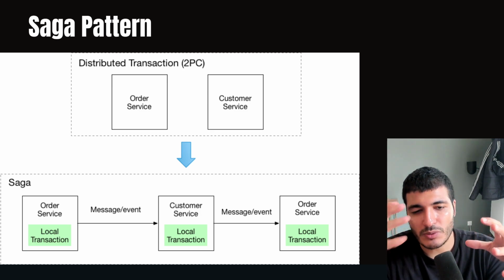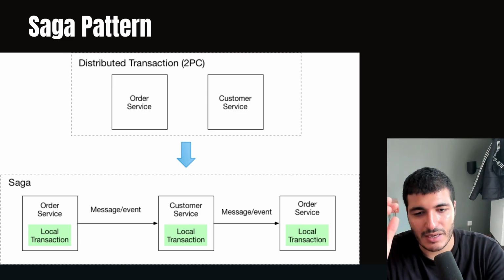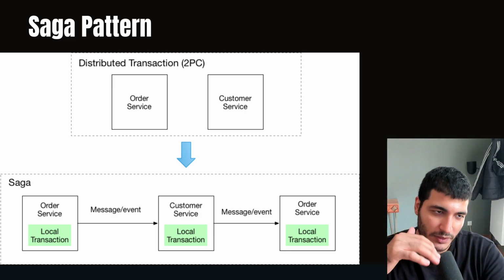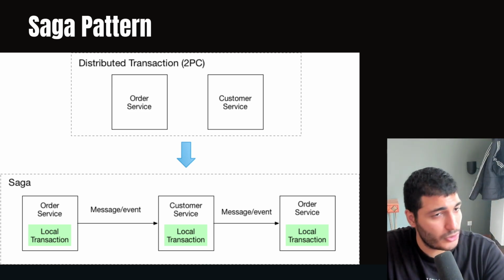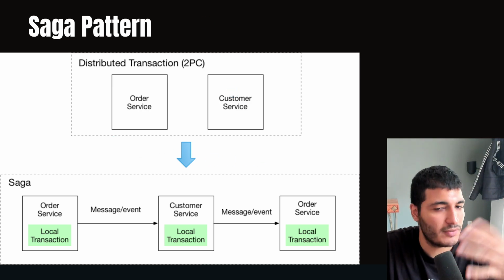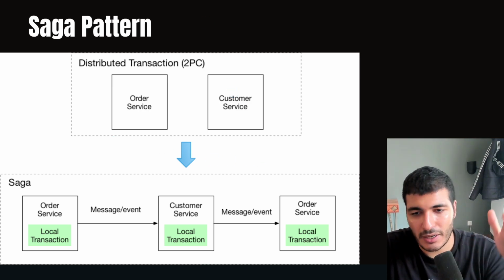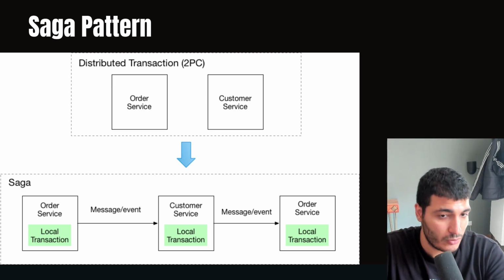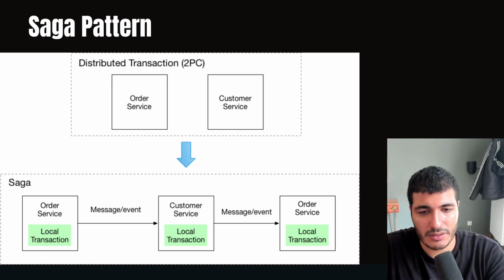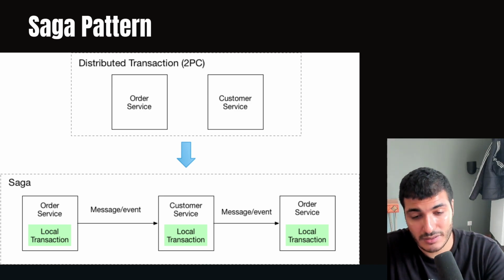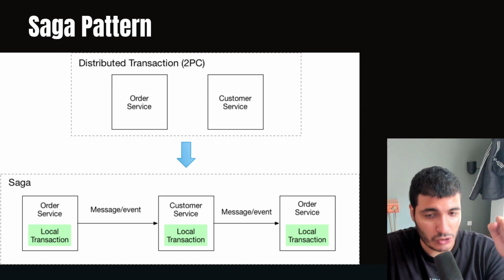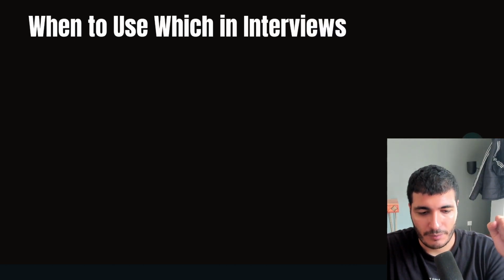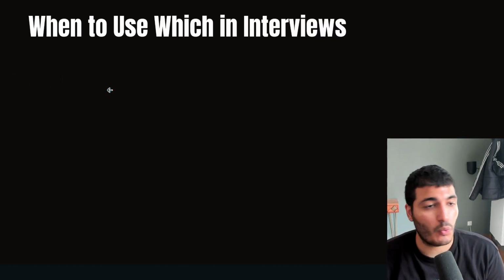Also, atomicity is not guaranteed as strongly as 2PC. But use this in microservice architecture where loose coupling and high scalability are paramount, and eventual consistency is an acceptable trade-off.